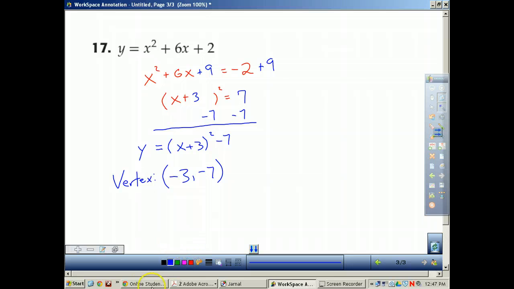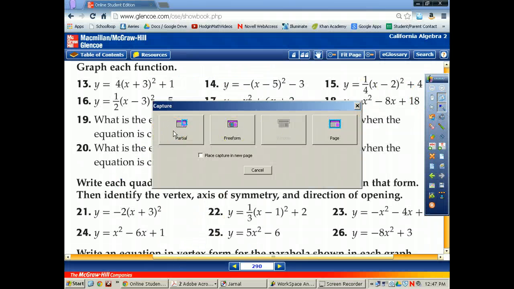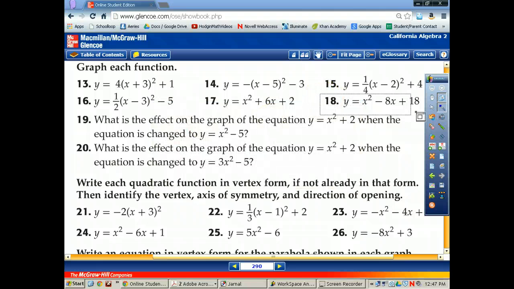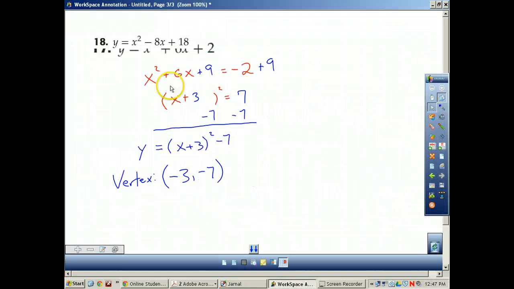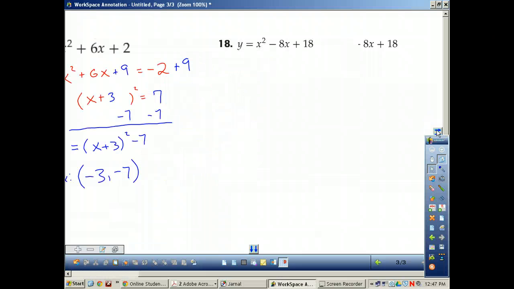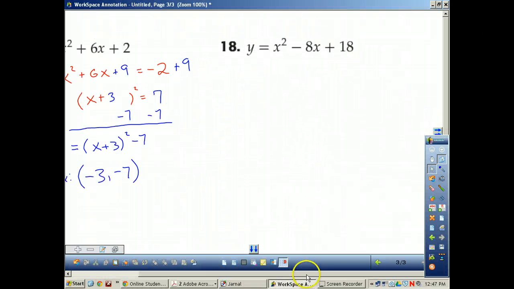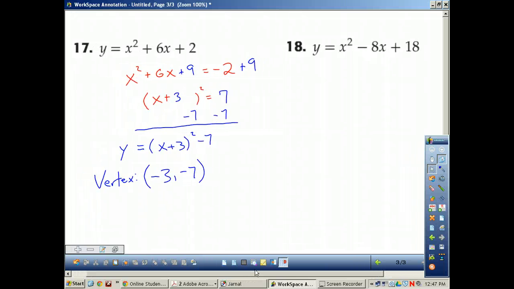Alright, so let's look at your number 18. Space here, there we go. And it'll be basically the same thing as 17. Side by side, just the numbers are different, but step by step the algebra is the same.